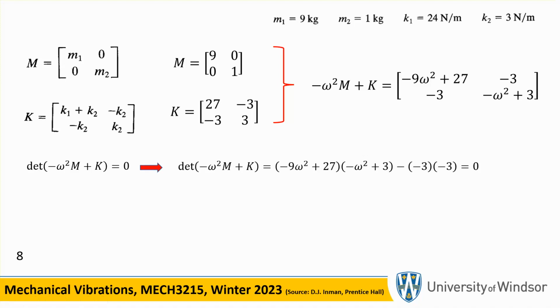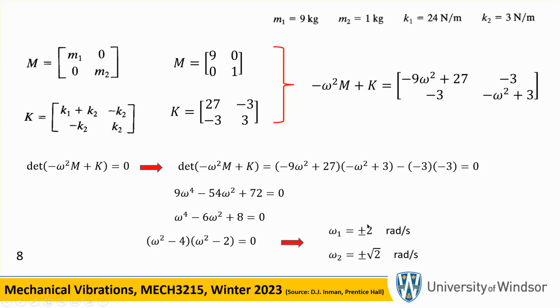Here it's easy. It's 2 by 2, so it's essentially a quadratic equation. Actually, it's going to be a fourth order equation. However, when you look at it, this is omega to the 4, this is omega squared, so we're dealing with a quadratic equation. So you can solve this, and you get two values, plus or minus 2, plus or minus root 2.